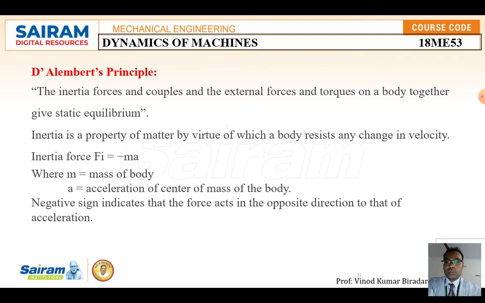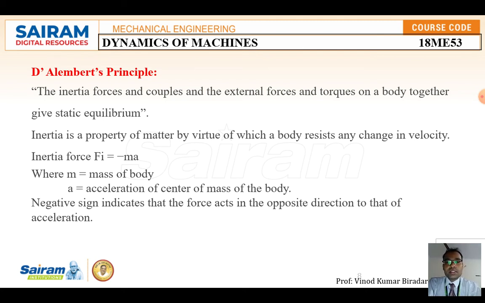That means the inertia forces and couples and the external forces and torque on a body together give static equilibrium. That is, inertia force and inertia moment give the final resultant. If you apply those on a given mechanical device, then we say that body is in static equilibrium. That is called the D'Alembert principle.